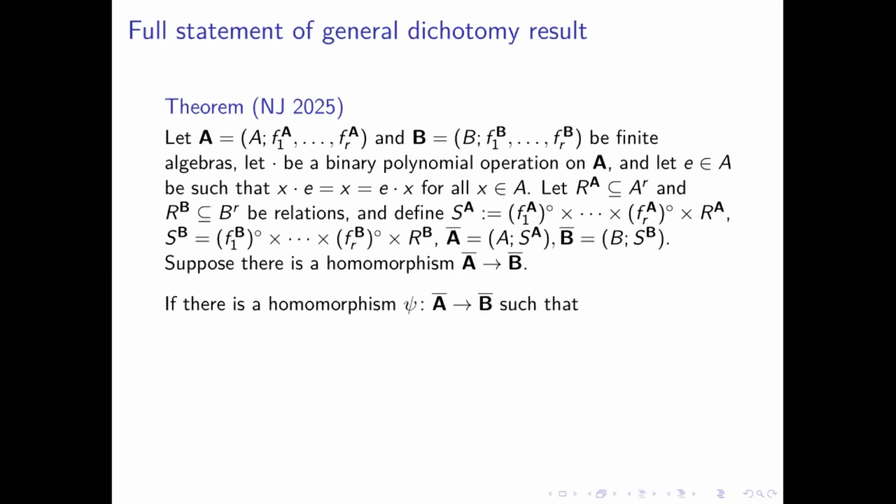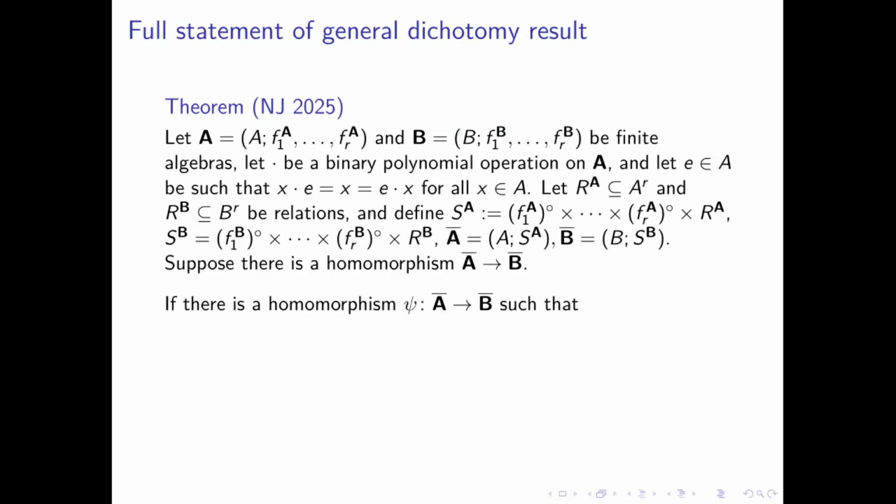Okay, so there's a lot. This is very dense, but you have an algebra A and algebra B. I've explicitly written out the operations in these algebras. Dot is a binary polynomial operation that comes from all these f's and potentially plugging in constants. e will be an element of A, which serves as both a left and right identity for this binary polynomial operation. So these algebras could be monoids, but this is a more general statement.